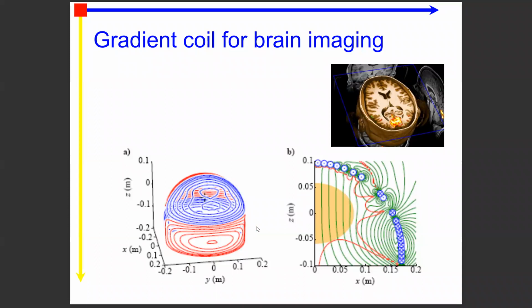This is a very efficient structure which can take less current and less power to operate, and produces a very strong field locally. So it's very efficient to have a localized gradient set as such for head imaging.